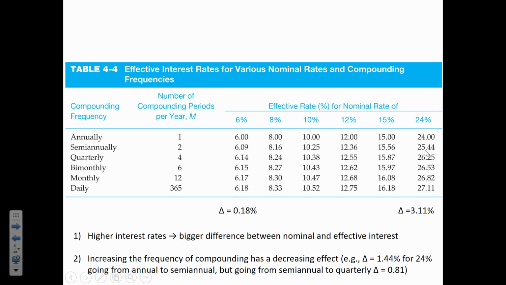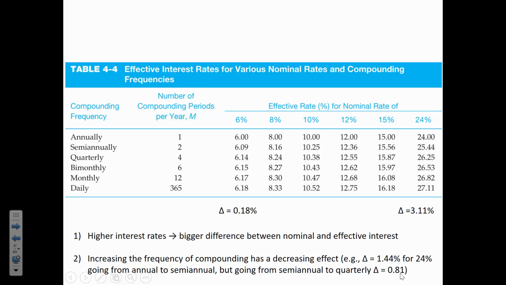So that difference is 1.44% just by throwing in one additional compounding per year. But then when you go from 2 to 4, you're not adding just one additional compounding period. Now you're adding 2 more beyond where you previously were. But it only increases the effective rate by 0.81%. And so the marginal difference is decreasing.